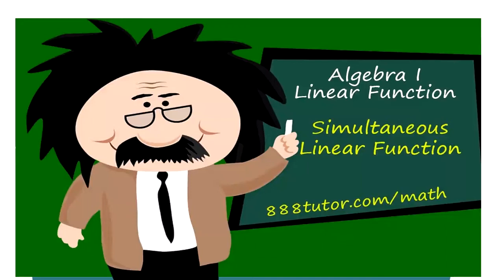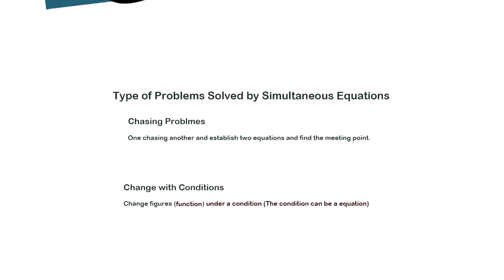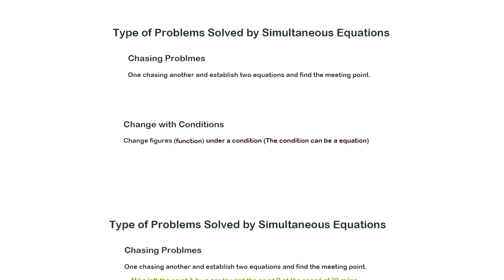A function shows the relationship between variables. When somebody asks what is the xy value that satisfies two linear functions, then those two linear functions become equations. Okay, let's set the terminology right here.